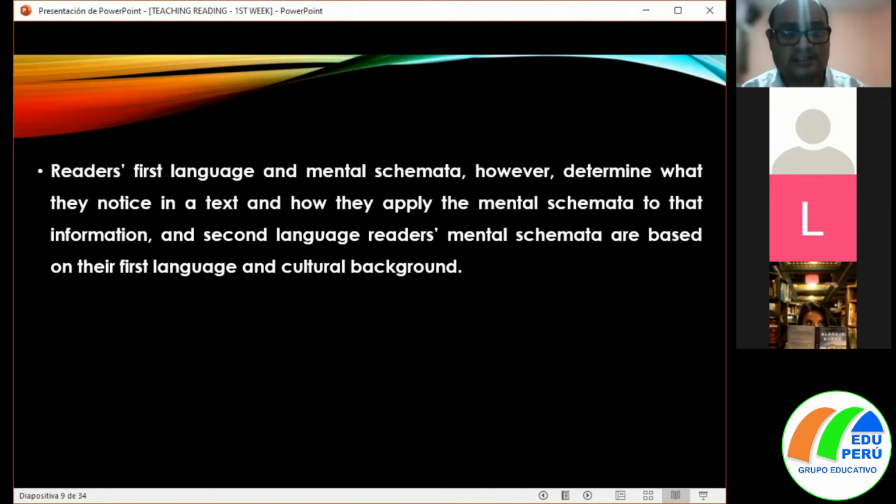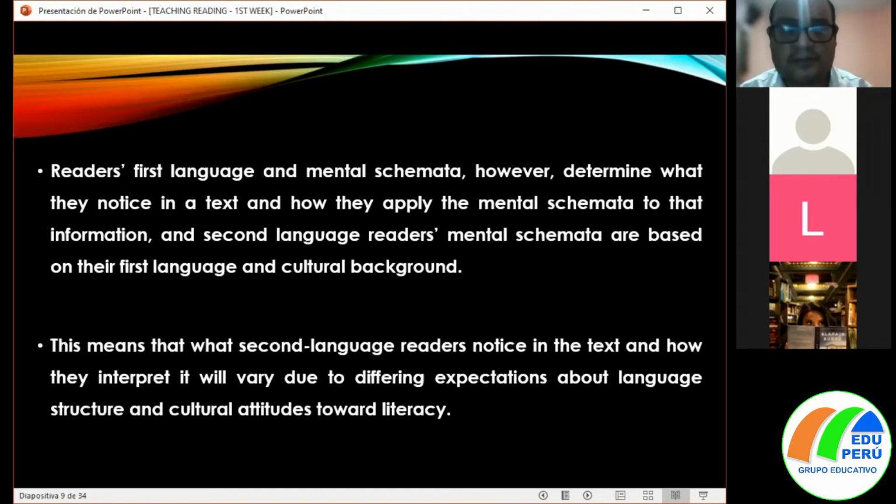This means that what second language readers notice in the text and how they interpret it will vary, due to differing expectations about language structure and cultural attitudes toward literacy. This is what I told you before too.